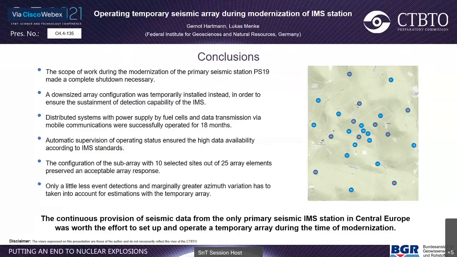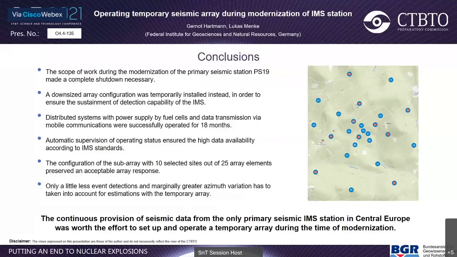For PS19, the equipment was self-sufficient and automatic supervision of the operating status ensured the high data availability according to IMS standards. In case the concerned station is an array, as PS19 is, one should think about the necessary size of the subarray in order to preserve an acceptable array response.